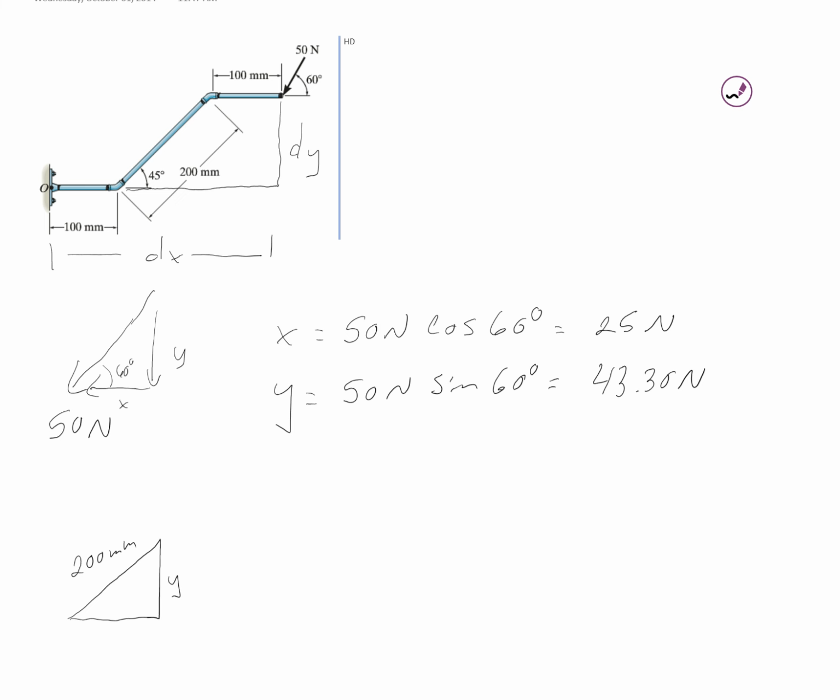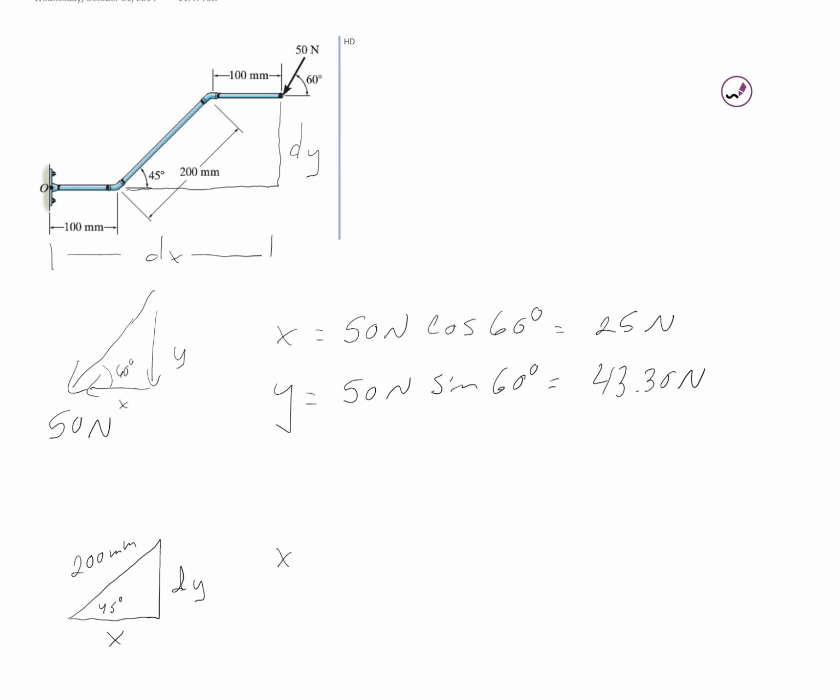If I find that y and that x, 45 degrees here, the y component will be my dy, and then this one plus 100 millimeters, the x, will give me my dx, the distance in the x direction.